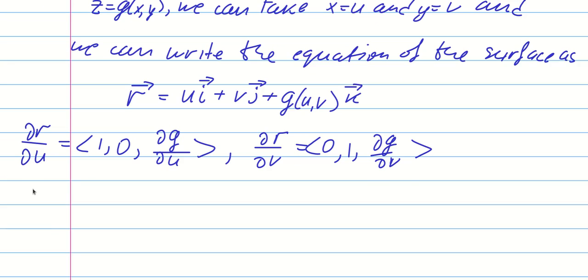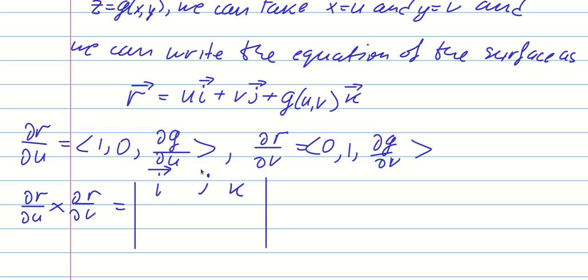So what we need to calculate now is the cross product between dr du and dr dv. So we have i, j, and k. For the first one, we have 1, 0, dg du, then 0, 1, dg dv.